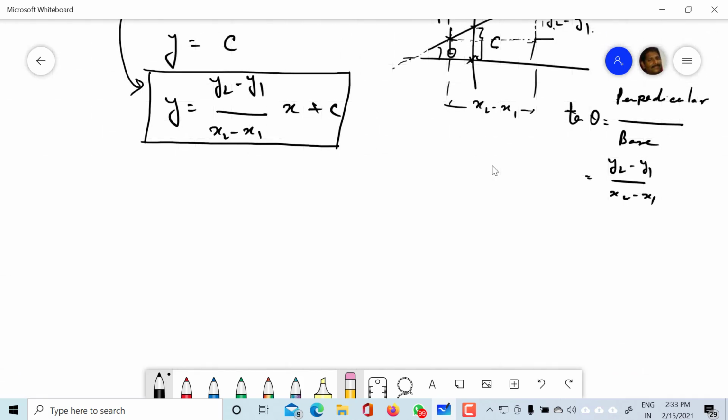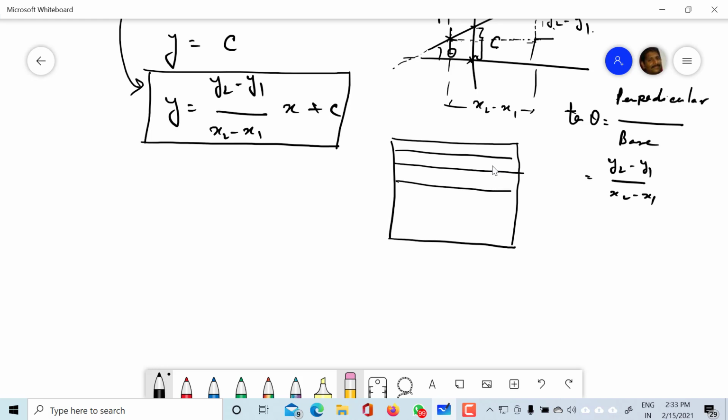angle. Okay, in case of the graphical system, suppose this is your screen. On that screen you have different pixels like this. You are going to understand how a line is drawn on this screen.